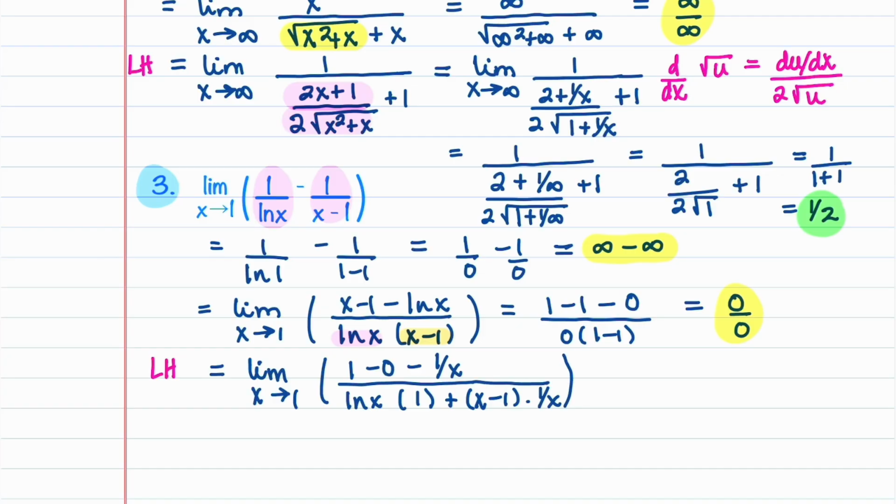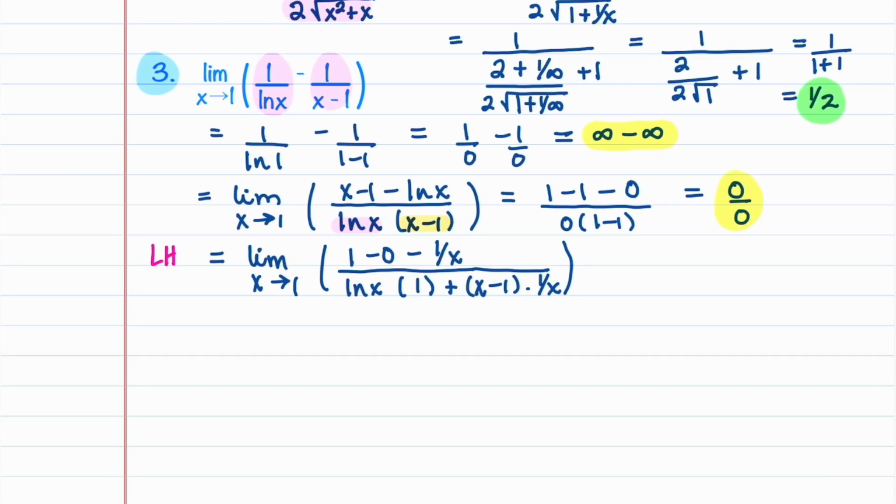Now, before we go ahead and substitute in that x is 1, let's make this easier by multiplying both the top and the bottom by x. That's just going to get rid of that 1 over x term. This gives us the limit as x goes to 1. We have x minus 1 in the numerator, and then in the denominator, we have x ln x plus x minus 1.